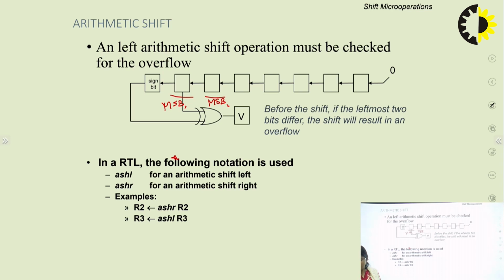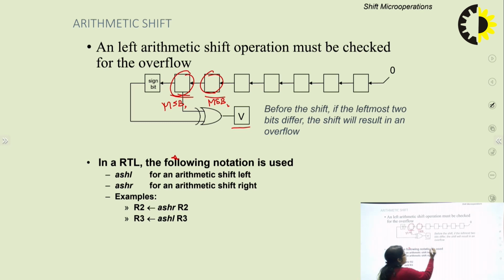After the operation is performed, we XOR these two bits to get V. If these two bits differ, meaning 0, 1 or 1, 0, there is an overflow in the register after performing the operation. Otherwise, there is no overflow.